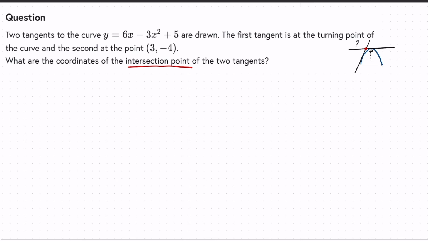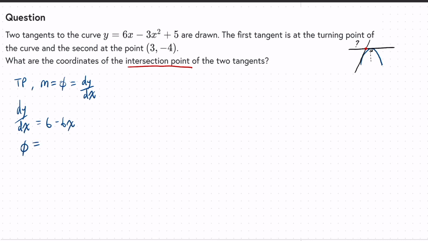So the first thing I'm going to do is ask, what does turning point mean? The turning point is where the gradient is equal to 0. So what is my x value where the gradient, which we can also call dy over dx, is equal to 0? The gradient of this curve looks like this.